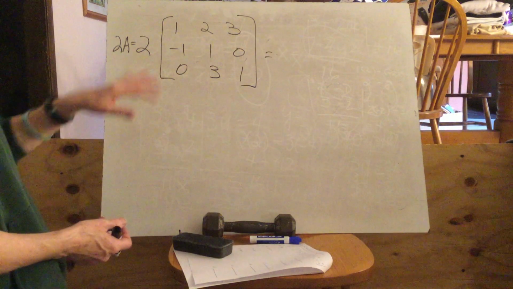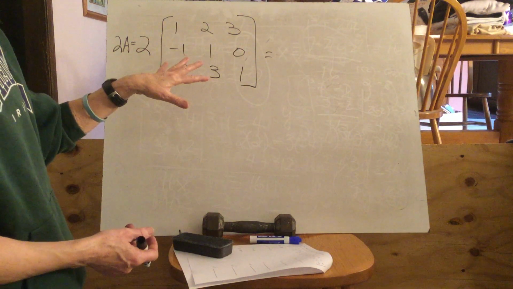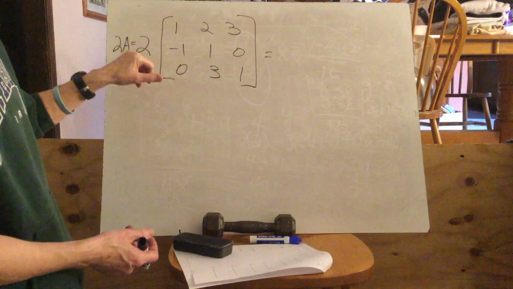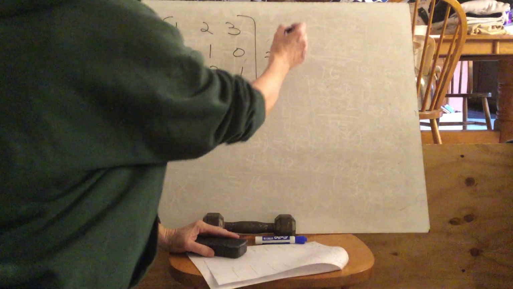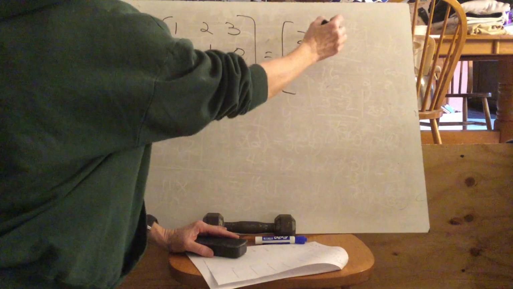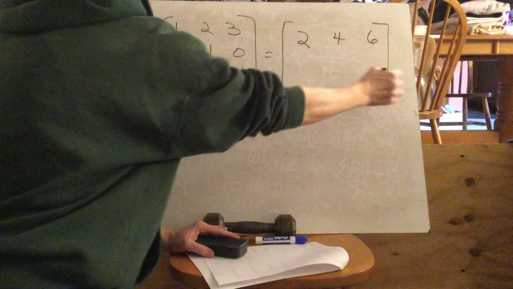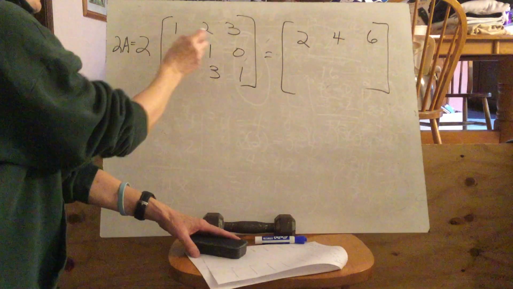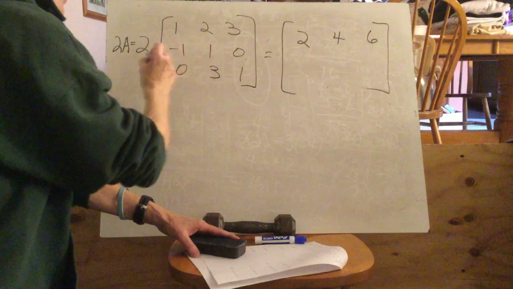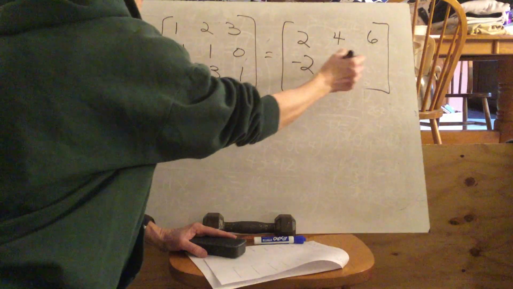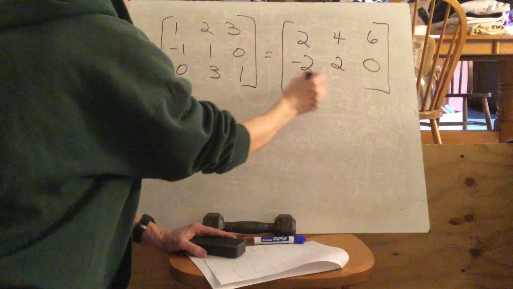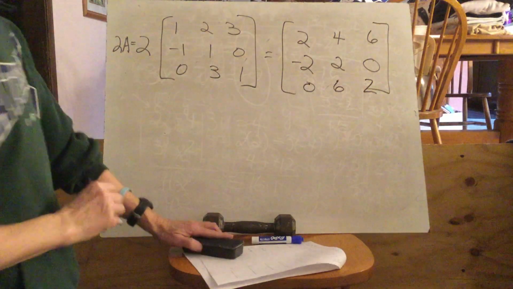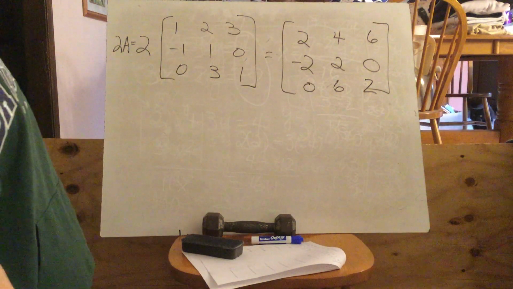We multiply everything in there by 2. So we're going to have 2, 4, 6. I'm trying to stay out of the way here. So 2 times 1, 2 times 2, 2 times 3. And then 2 times all of these. And 2 times all of these. And that is the answer to the question.